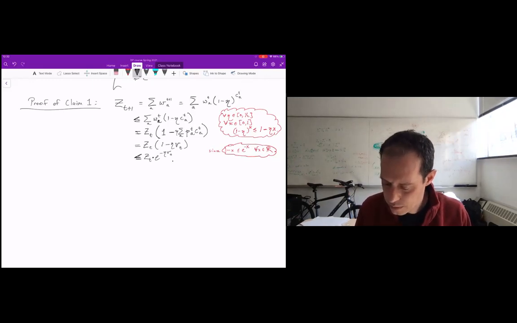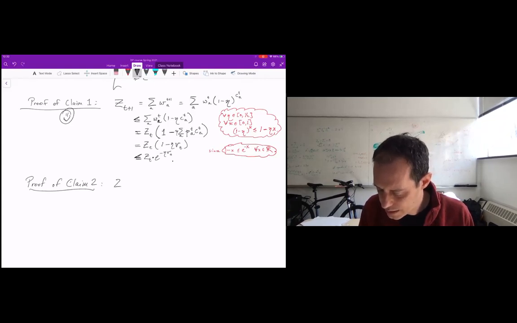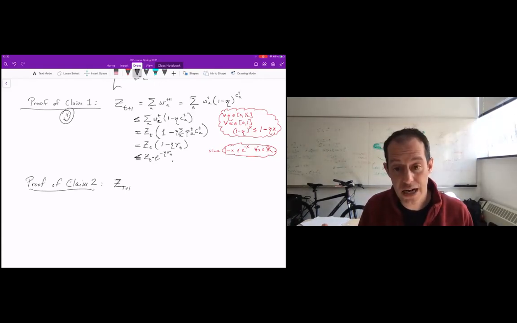Okay, so we're done with claim 1. And now we have to prove claim 2. Claim 2 was that Z_{t+1} can't be too small when there's a good action in hindsight.